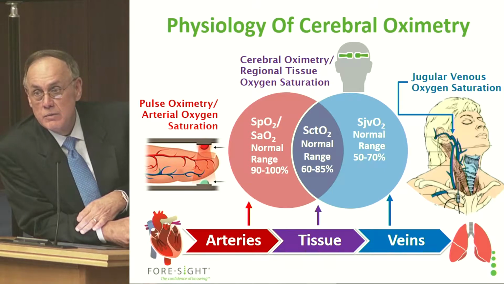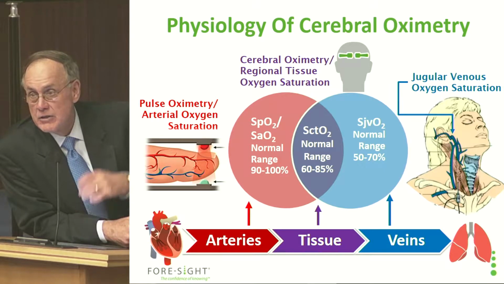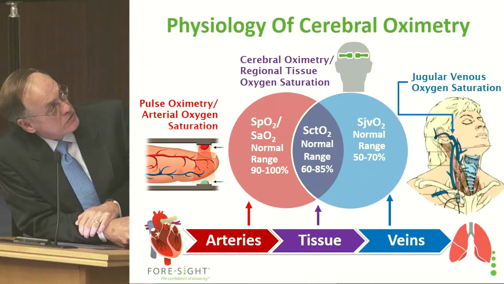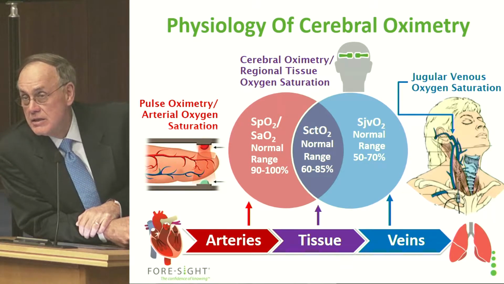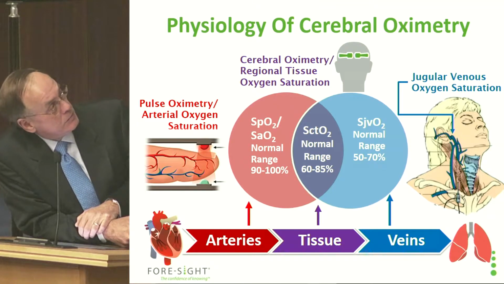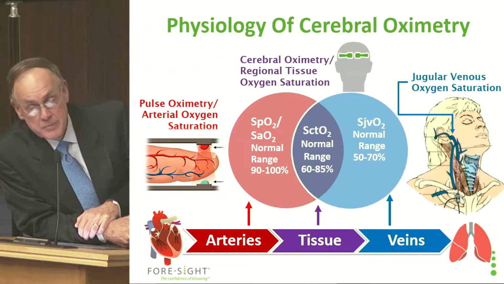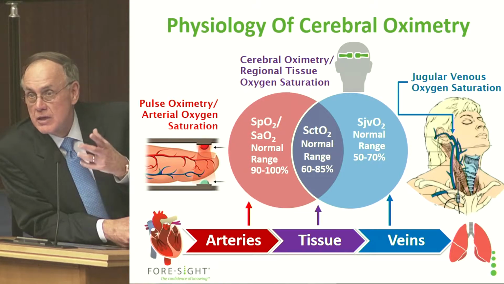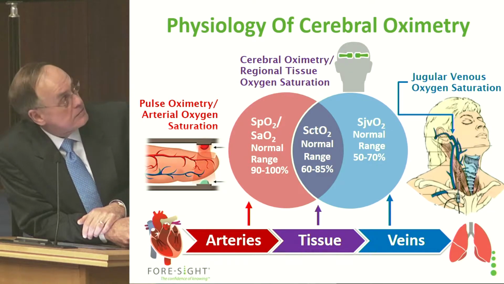Now, if we wanted to get an actual saturation measurement of the brain, we could insert a catheter in the jugular vein and put that catheter tip into the jugular venous bulb, which is the collection area in the brain where all the venous blood comes back.